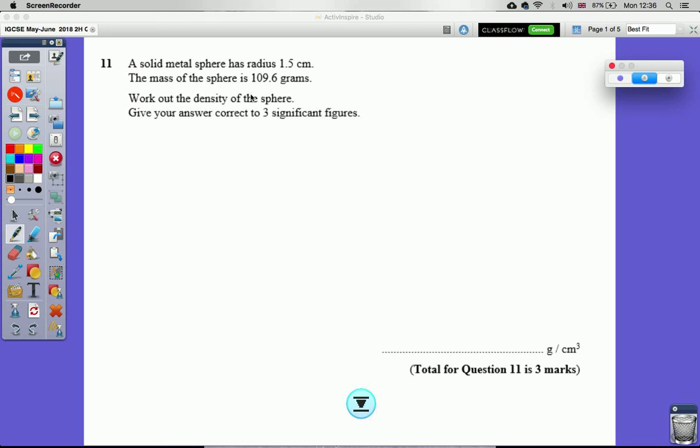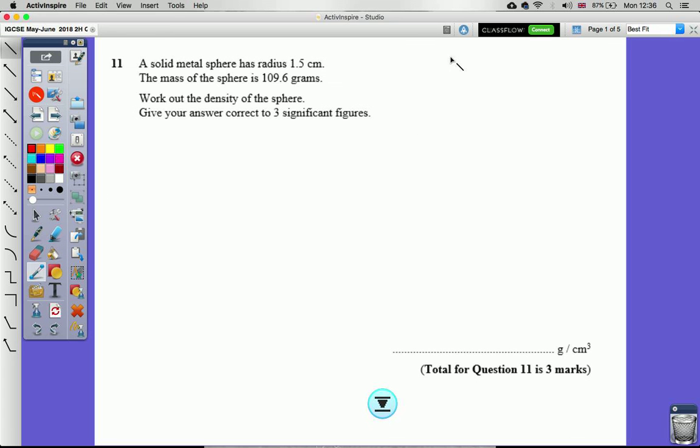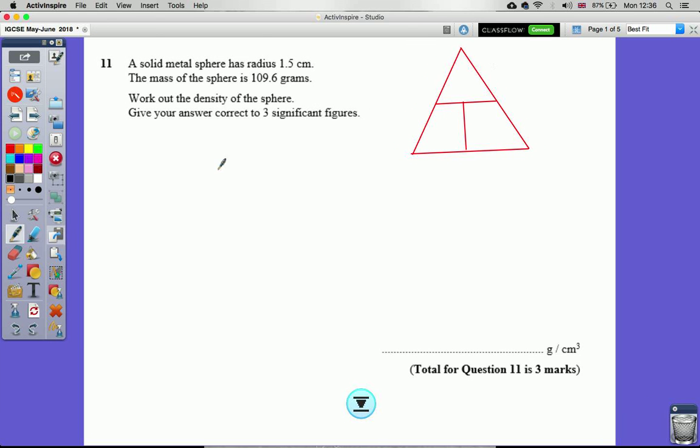Okay, so we know that the relationship between volume and mass is density. So if I draw the triangle here, mass divided by volume is density.